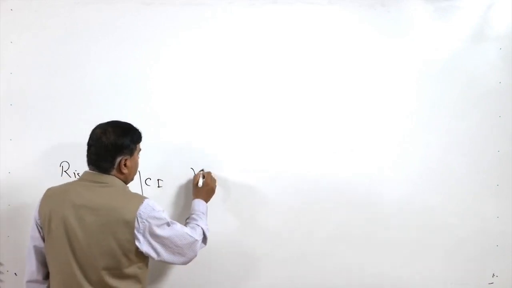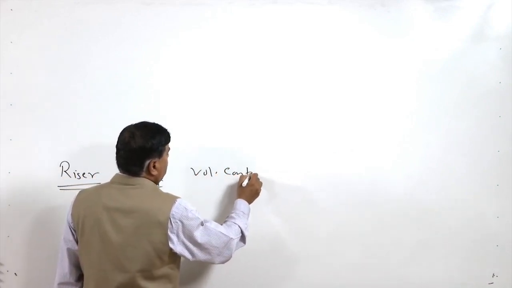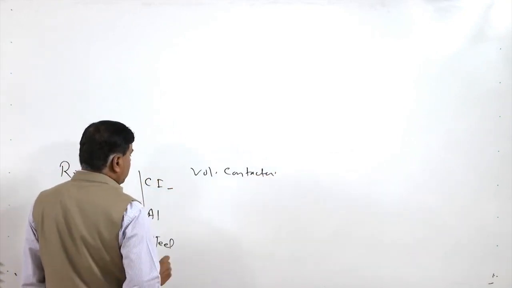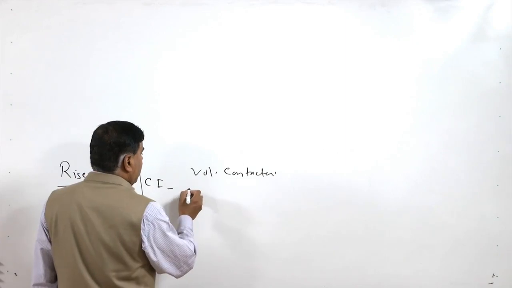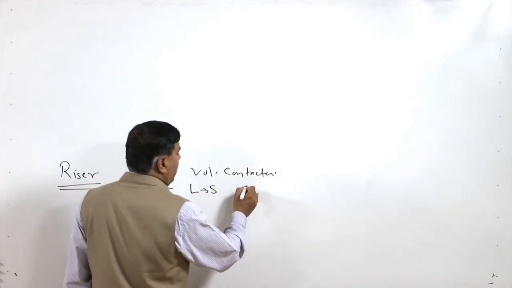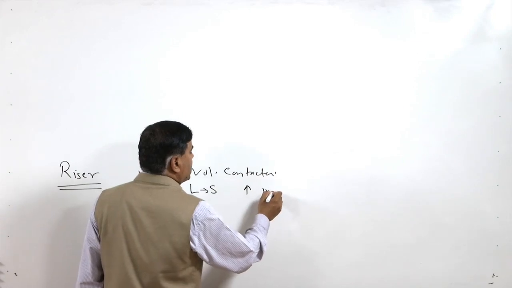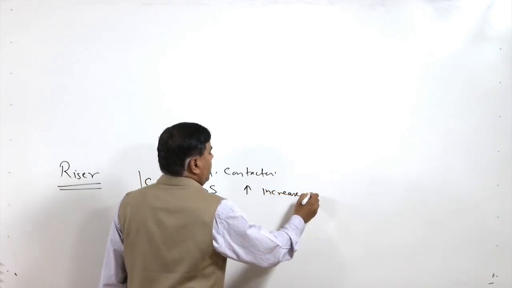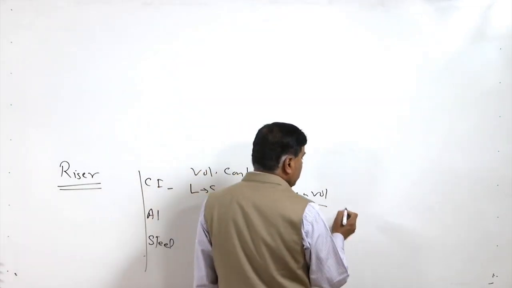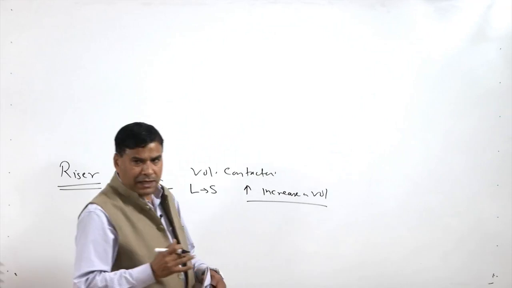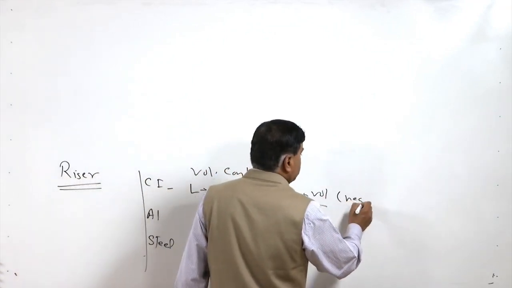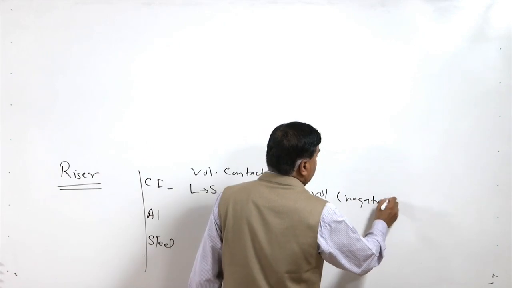So, if we see the volumetric contraction in these three metals, sometimes the cast irons on liquid to solid state transformation are subjected to an increase in volume, and if this happens then the shrinkage actually does not take place, but there is a negative shrinkage, which appears in the form of increase in volume.